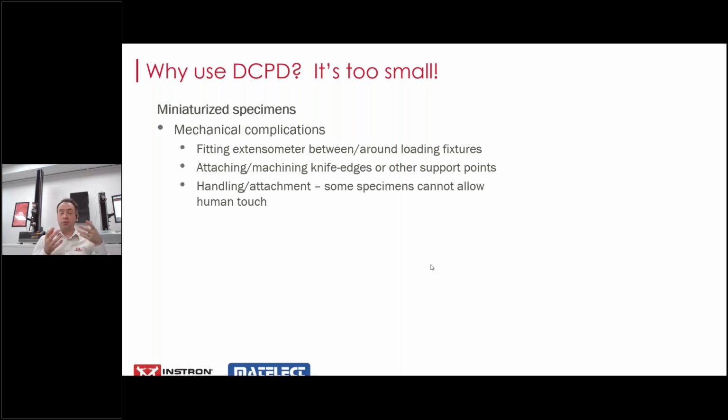And that does drive you to smaller and smaller specimens. So with that, there are mechanical complications, and it can be quite simply around fitting the extensometer between the loading fixtures. It can be about attaching or machining knife edges, or physically handling.